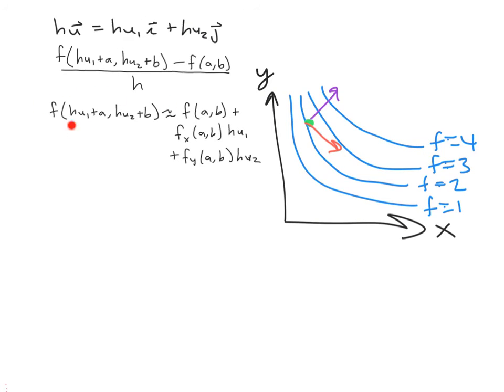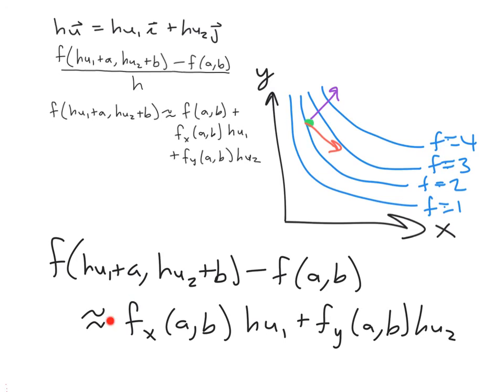This means that the difference between the value of the function at the new point and the value of the function at the old point is approximately equal to the partial with respect to x times the distance in the x plus the partial with respect to y times the displacement distance in y.